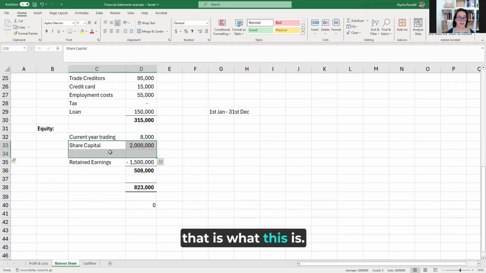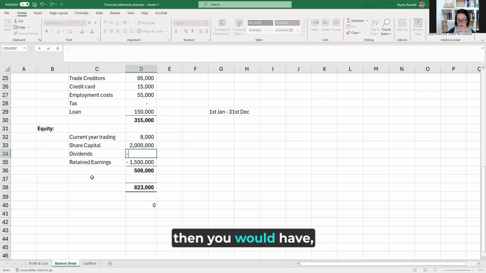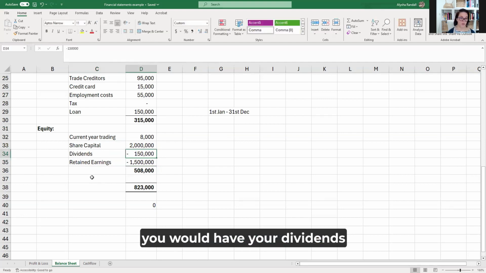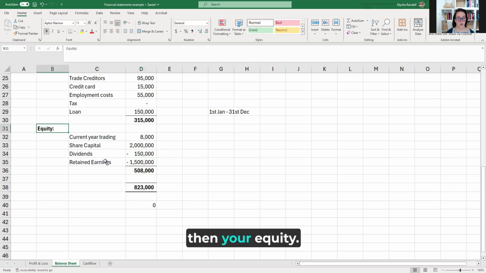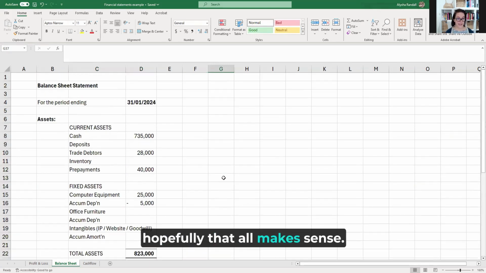And then, of course, if you have dividends, that would make up your equity. So hopefully that all makes sense.